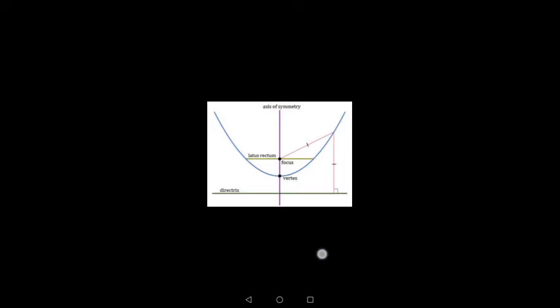A parabola is the locus of a point moving in a plane such that it is equidistant from a fixed line, called the directrix, and a fixed point in the plane, which does not belong to the parabola, called the focus.